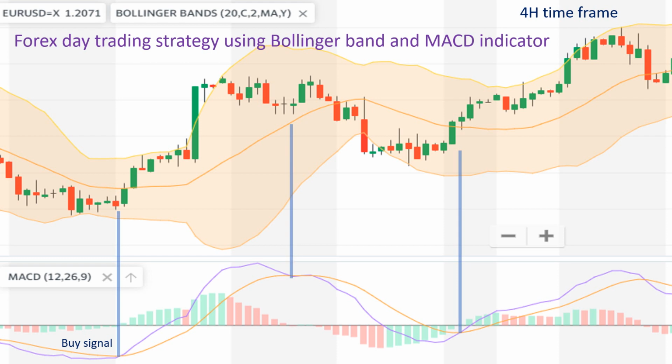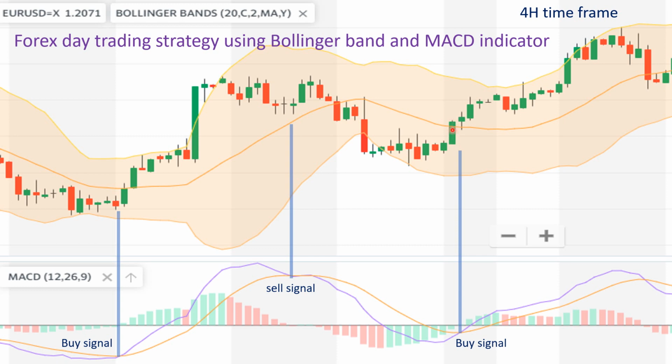Now here, the MACD indicator generates a sell signal at this point, and the trend is going downward. Now here, the MACD indicator generates a buy signal again, and you see in Bollinger Band this candle penetrates the median and closes above.